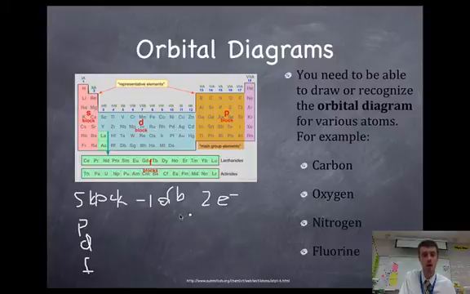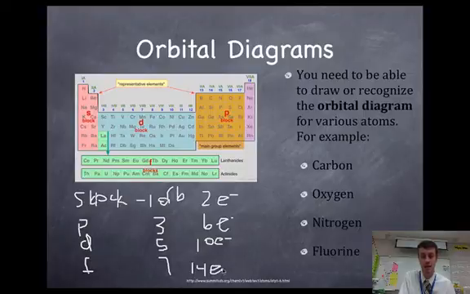Your P block is going to be 3 orbitals for a total of 6 electrons, because there are 2 in each orbital. Your D block has 5 orbitals, so you guessed it, it's 10 electrons. And for your F block, there are 7 orbitals, so 7 times 2 is 14 electrons.